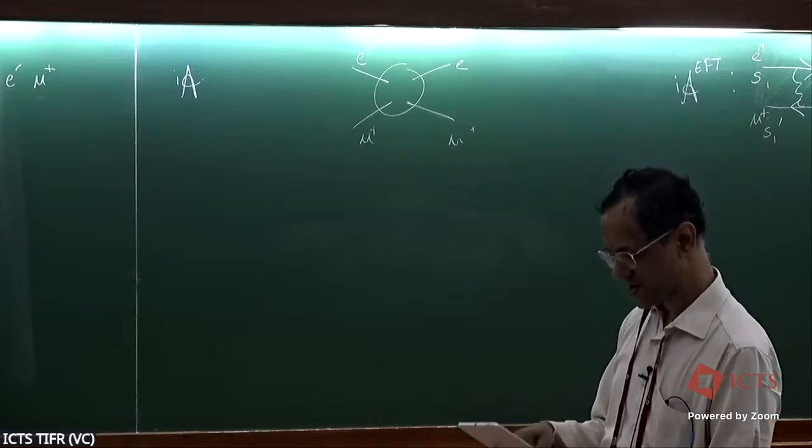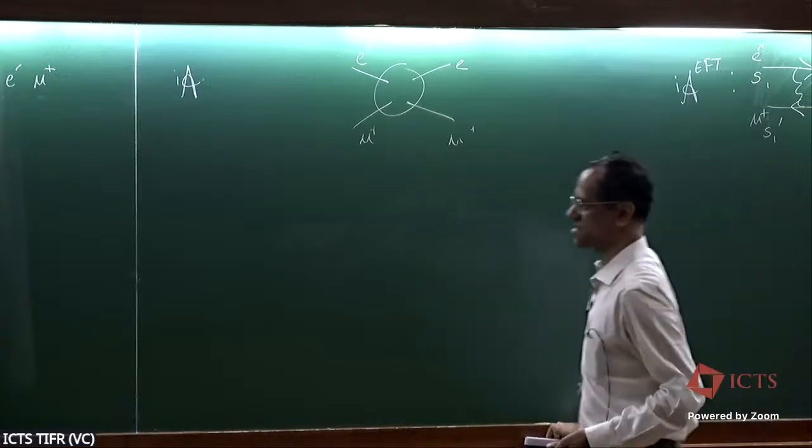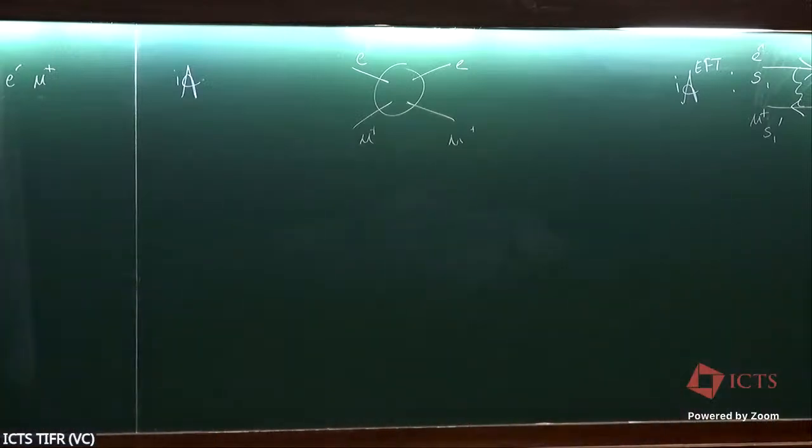So, okay, let me do it this way. Let me first quickly show how the imaginary parts of dV and dS give you these decay rates, and then we do the matching calculation to find these. So let's focus on the terms of interest.